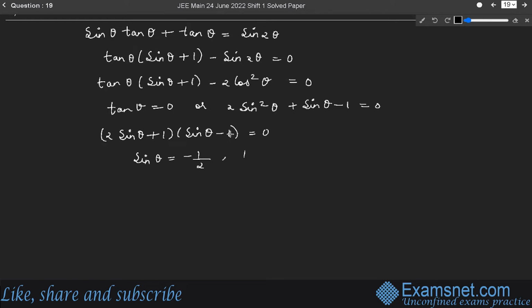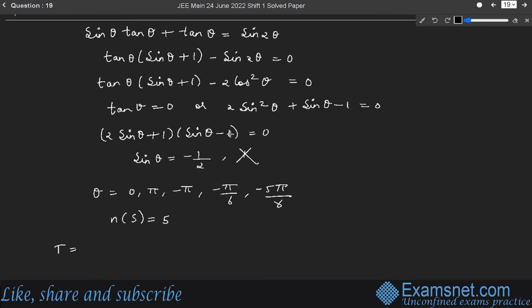But sine theta is equal to minus 1 is not possible, because theta will be equal to 0, pi, minus pi by 6 and minus 5 pi by 6. So sine theta equal to minus 1 is not possible. So here n(S) is equal to 5.